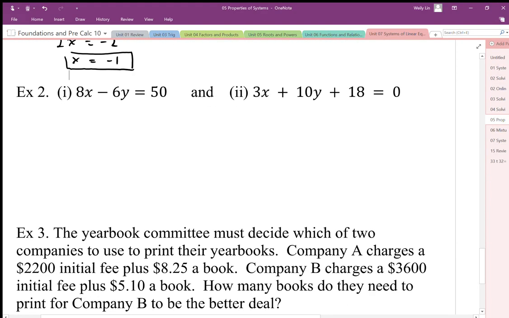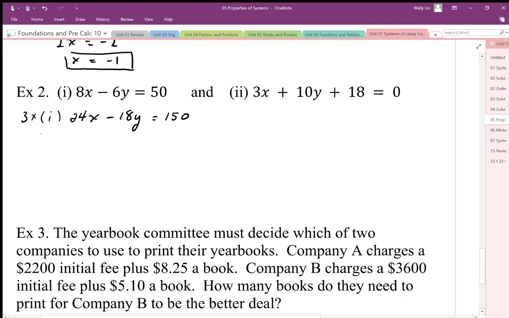Here, it looks like this one might be a little bit harder to eliminate. The proportions are not the same. So I'm going to multiply both of these equations and get a lowest common multiple, and maybe we'll get rid of the x. I'm going to multiply equation 1 by 3 to get 24x minus 18y equals 150.